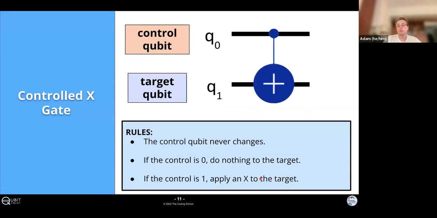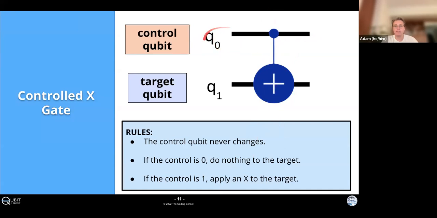And this follows a few rules. In particular, again, the control qubit never changes. It's just there for the ride and just to call the shots. The control qubit controls what happens, but nothing actually happens to it. On the other hand, the target potentially gets changed. Now, if the control qubit is in the 0 state, then we don't do anything.